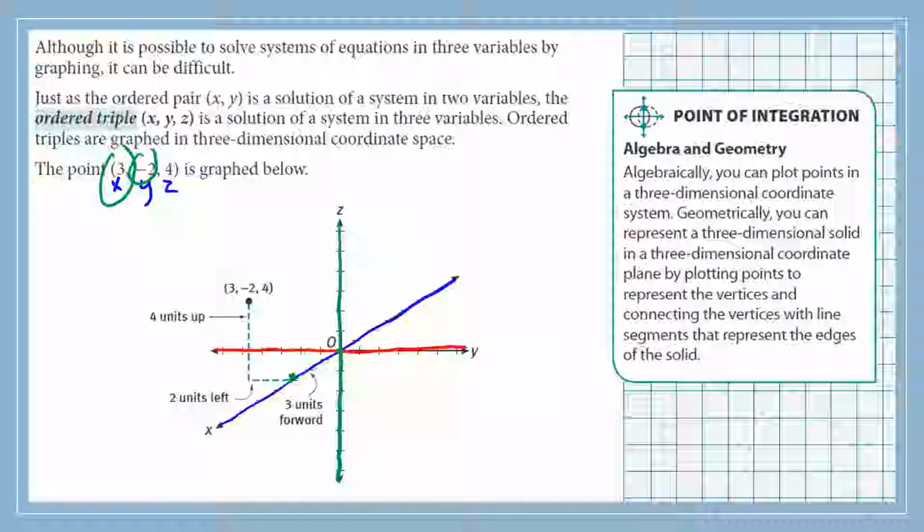And then 4 units up will be right here. So you go 2 units to the left from your x-coordinate, 4 units up. So we're not going to spend too much time belaboring that because, as they said, that can be difficult. We'll let you get to that in a little bit higher level math. So we're going to learn to solve these algebraically so that we don't have to do this kind of sketching.